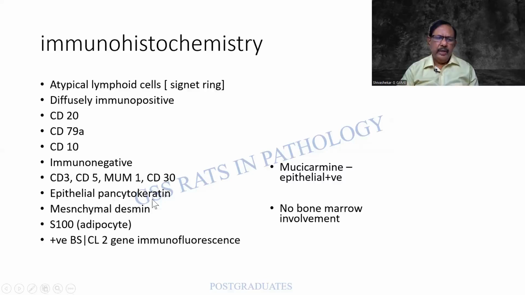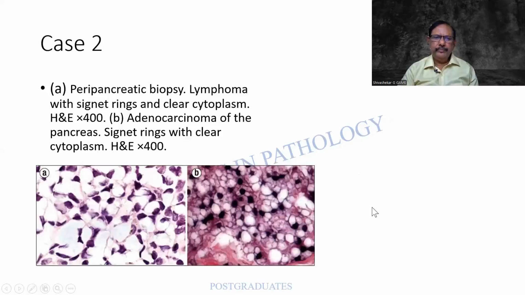Epithelial pancytokeratin is again negative because it is not an adenocarcinoma. Mesenchymal desmin is negative, SNRAT is positive in adipocytes, which can again mimic this. And you find that BCL2 gene immunofluorescence can be done. Mucicarmine is negative, and it is positive in the case of epithelial cells. There is no bone marrow involved.